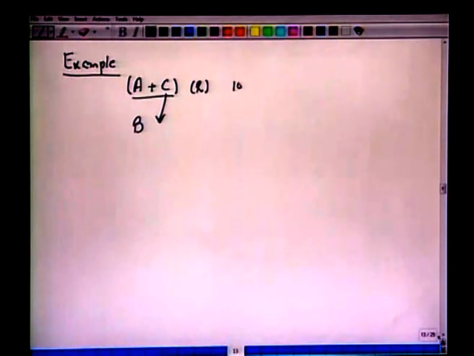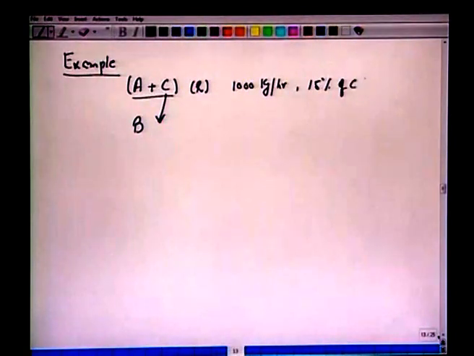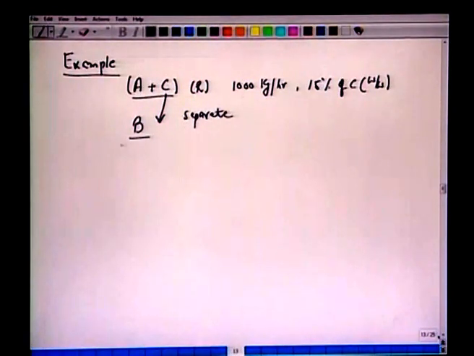So, the flow rate is 1000 kg per hour, and it contains 15% of C, on a weight by weight basis. And we have been asked to separate C using this pure solvent B.